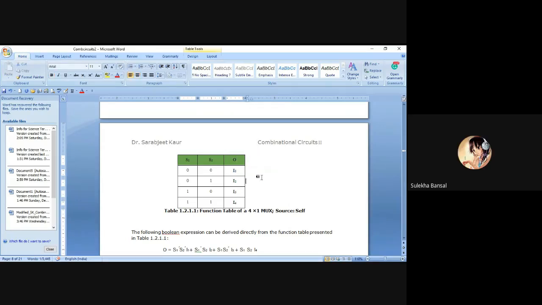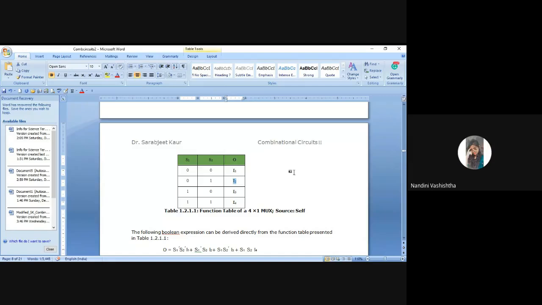We see that when S1, S2 are 0, 0, then I get I1 as the output. When 0, 1 is given as the selection lines, then I get I2 and so on and so forth. Doesn't this table describe the exact behavior that I used so many lines to describe to you?